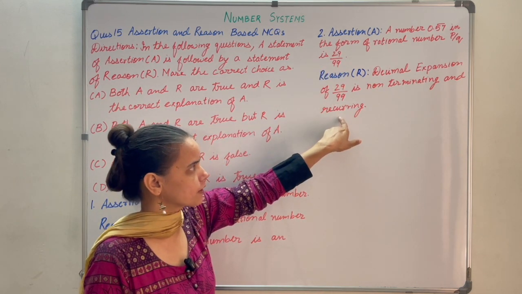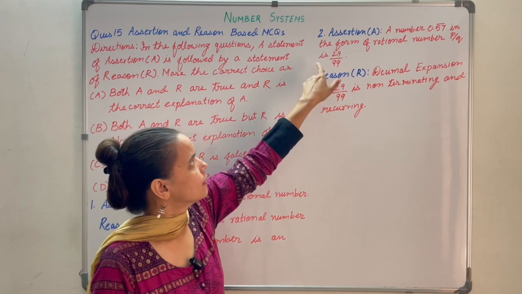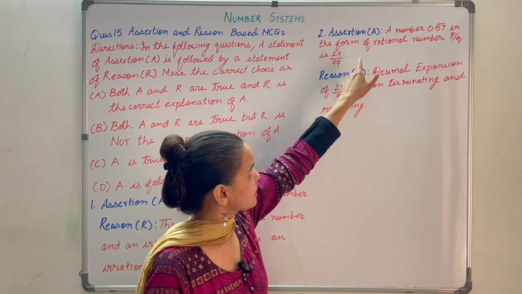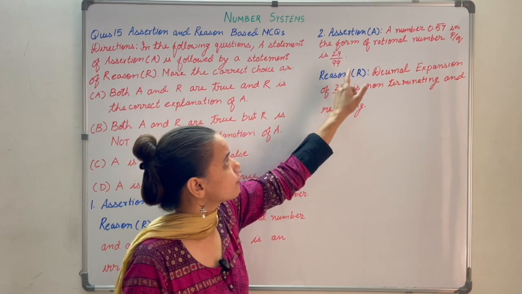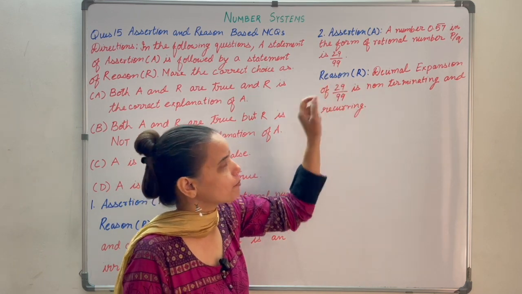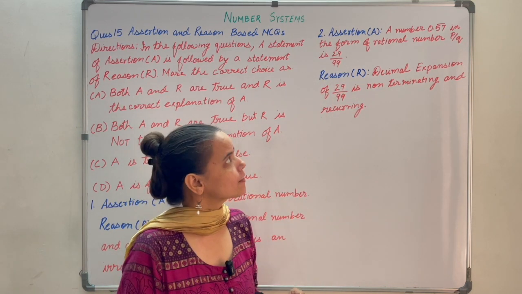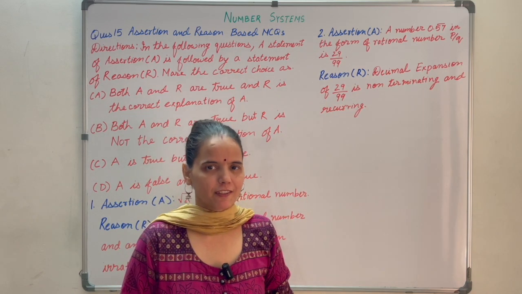Similarly, you have to check for this one, whether this is true or false. So let us do that. So here the first statement is a number 0.57 bar in the form of rational number p by q is 29 upon 99. So let us find out the rational number which represents 0.57 bar.